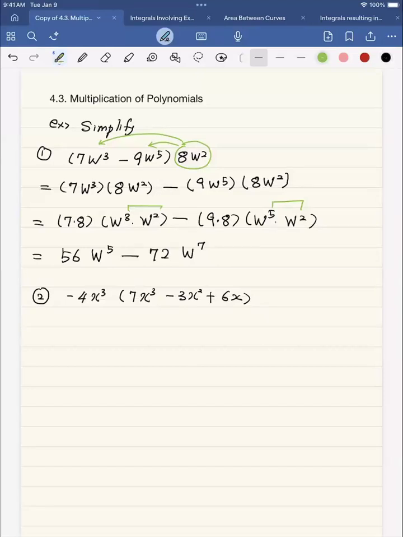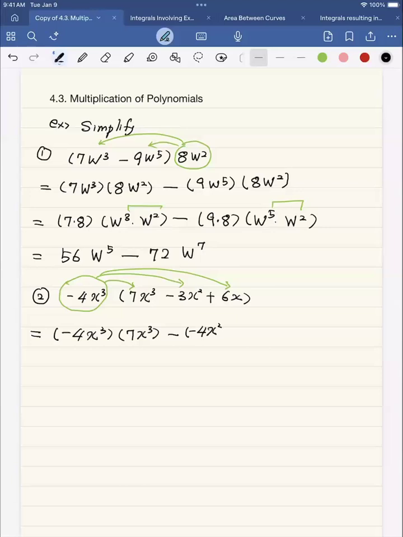In the second problem, we have to multiply negative 4x cubed to each term. Then that will be negative 4x cubed times 7x cubed, minus negative 4x cubed times 3x squared, plus negative 4x cubed times 6x.